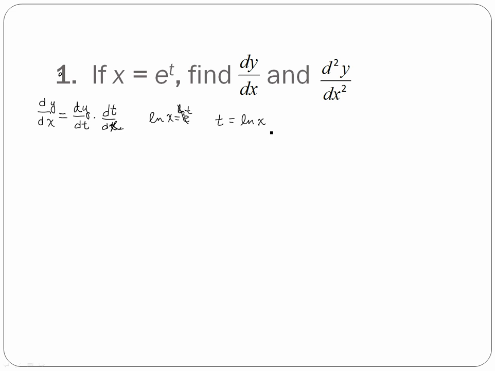Now I can take the derivative of t with respect to x, and on the right side, taking the derivative with respect to x gives me 1 over x. So if I substitute in here, I get dy dx is equal to dy dt times dt dx, which is 1 over x.